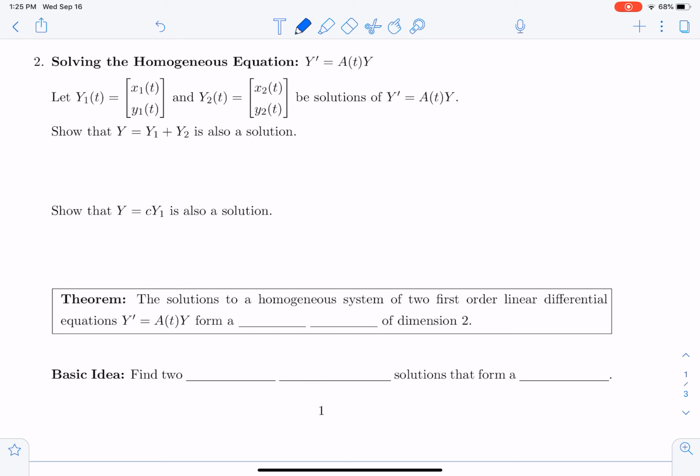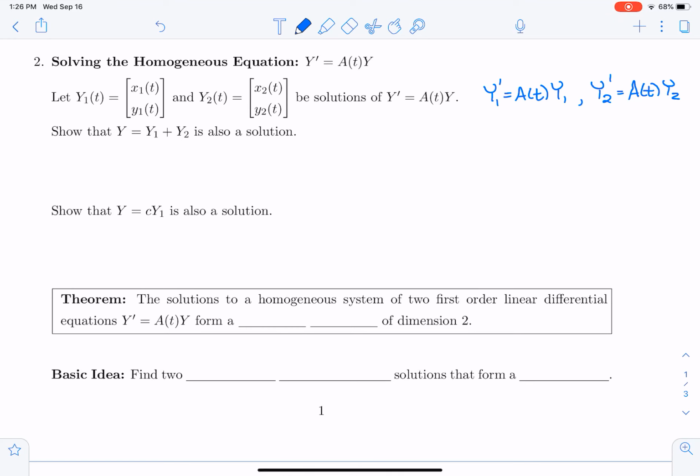And I'm going to let them both be solutions to Y prime equals A of t times Y. What that means is that Y1 prime is going to equal A of t times Y1, and Y2 prime is going to equal A of t times Y2.